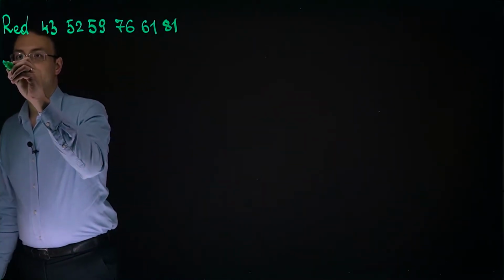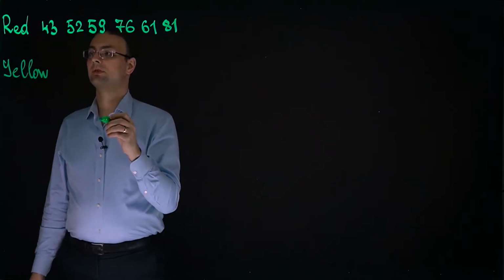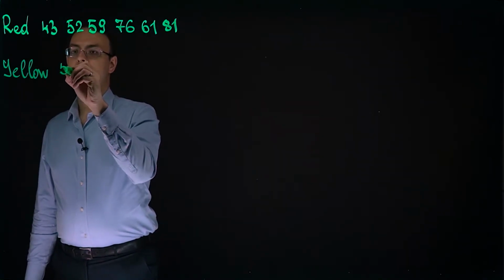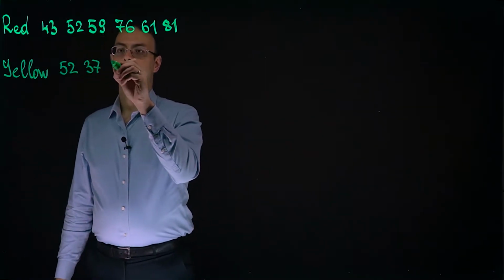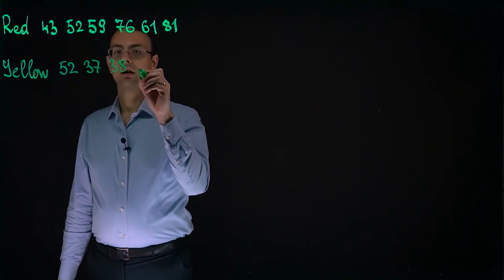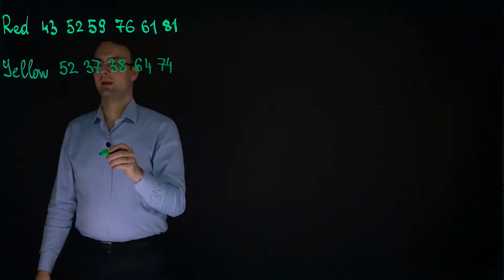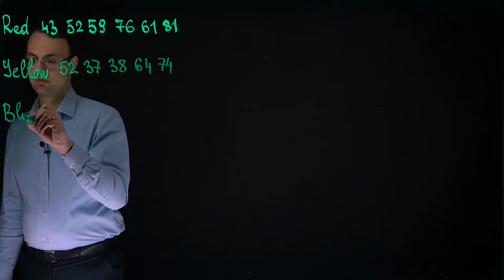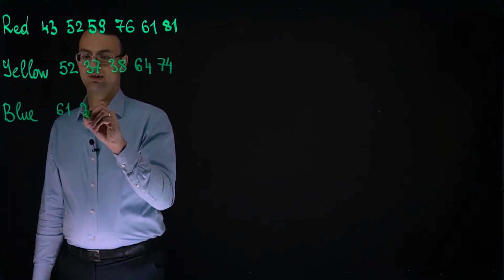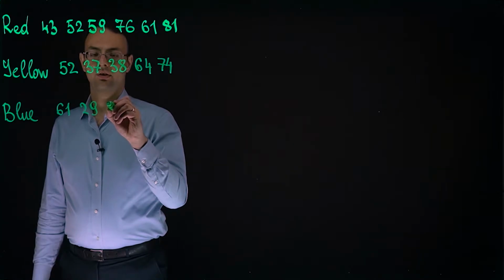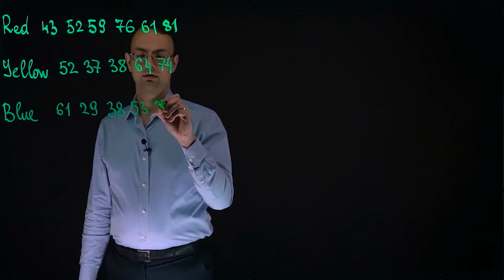So then for yellow, the numbers are 52, 37, 38, 64, and 74. And for blue cans, 61, 29, 38, 53, and 79.